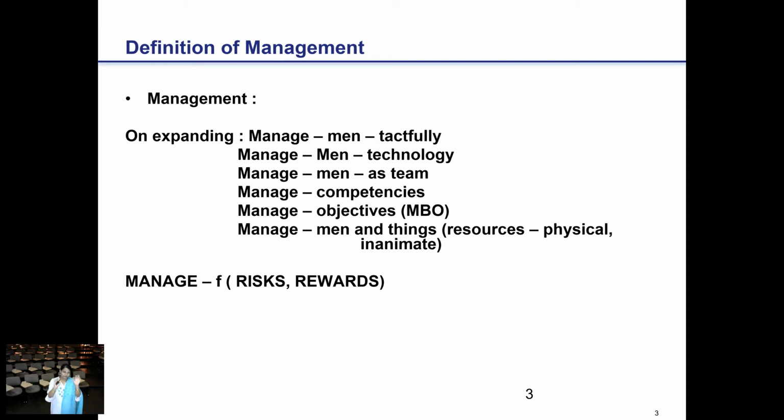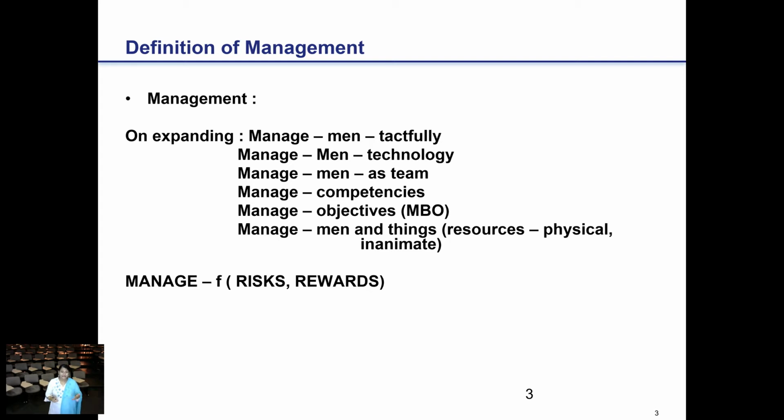Here I want to make it very clear why all of us should know management. The reason is resources are scarce. They are not abundantly available. And with the available resources, we should give our best. So how are we going to give our best with the available resources? For that, we are doing this management.